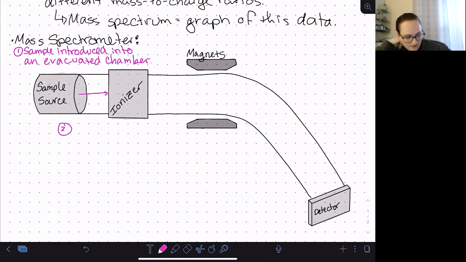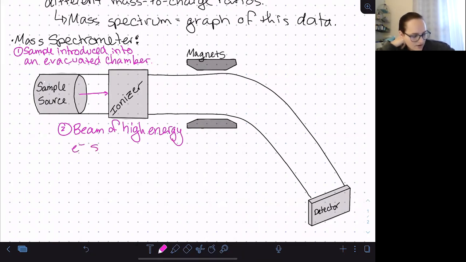So in the ionizer, what we have is a beam of high energy electrons. Essentially strips the electrons off, or strips usually just one, off of your sample particles.